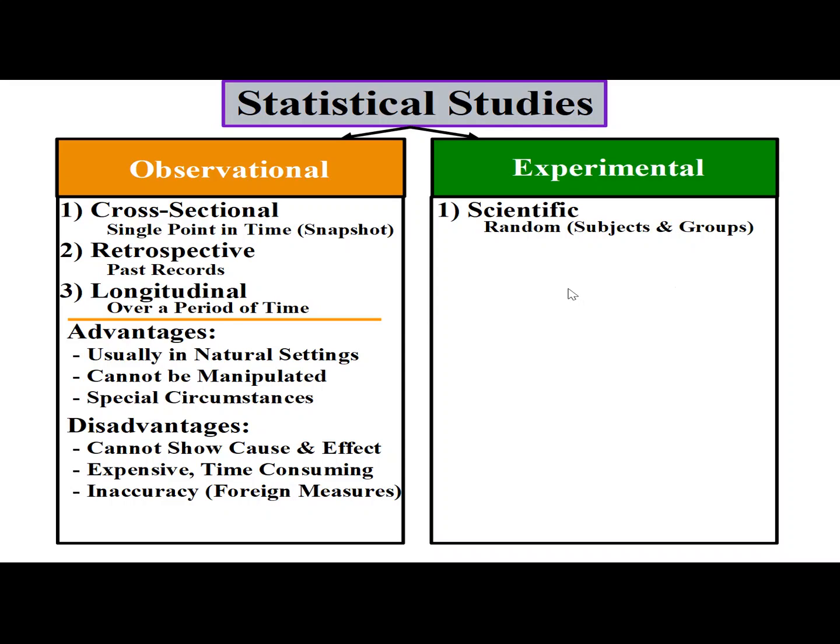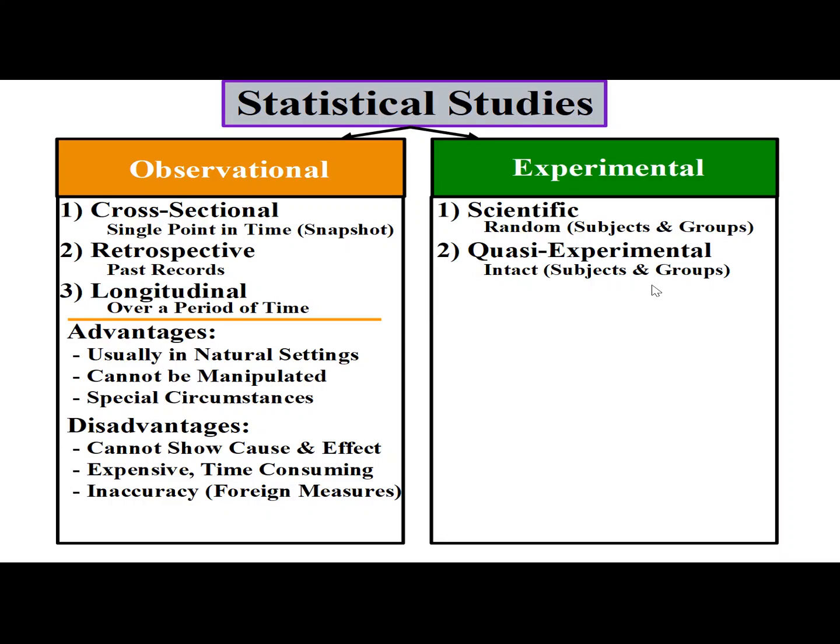The second type of experimental study is the quasi-experimental study. So the scientific or experimental study, when they pick subjects, it's random and you select also random groups, whereas quasi-experimental, the subject and the groups are intact, meaning that you just go with whatever you are given.